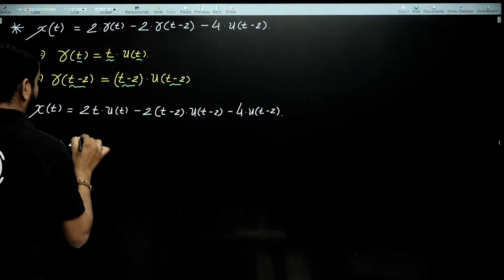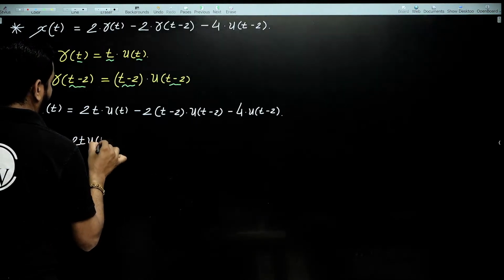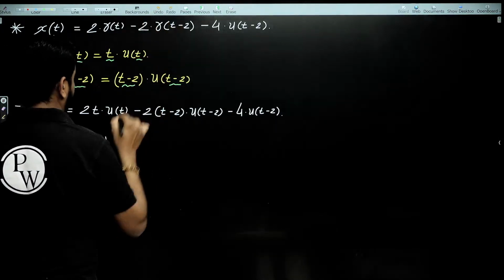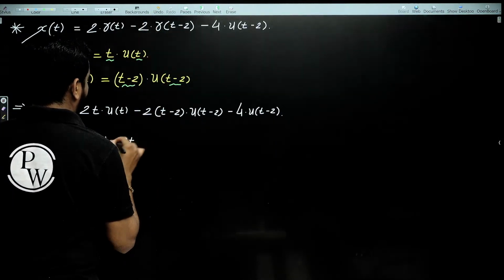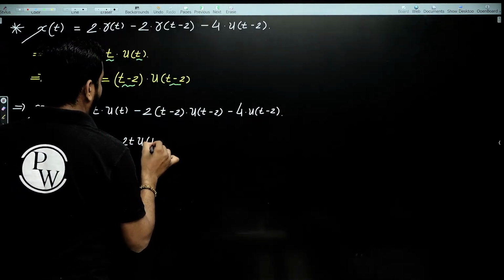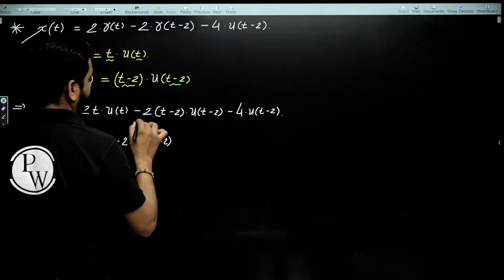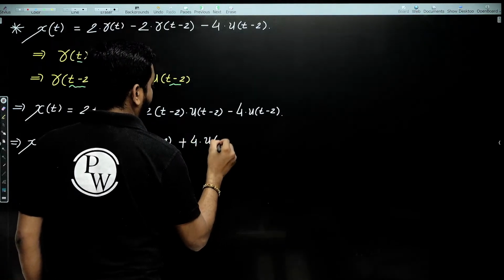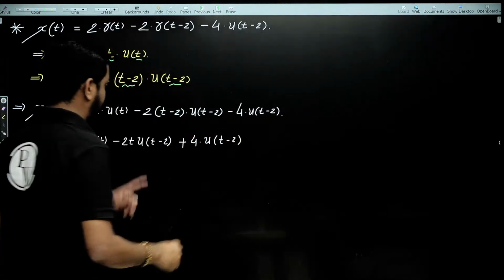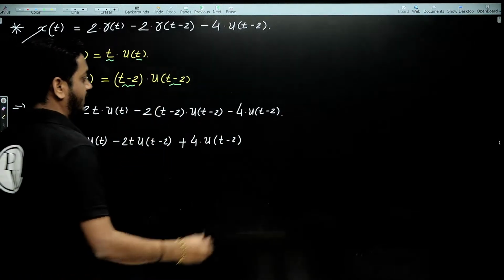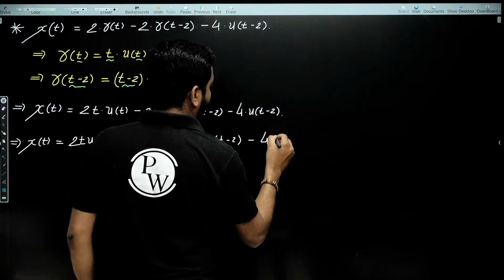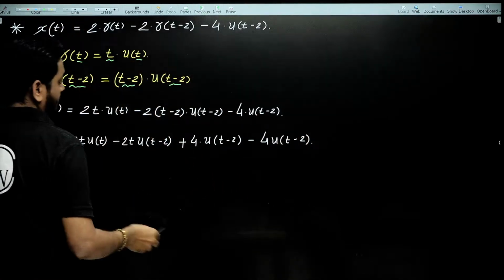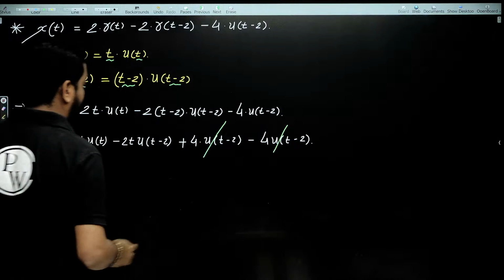So 2t u of t minus 2t u of t minus 2, and minus minus plus 4, guys, plus 4u of t minus 2. Here minus 2 into minus 2 gives plus 4, and now it cancels out.